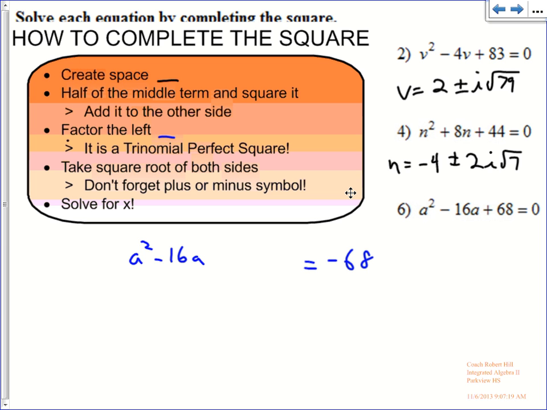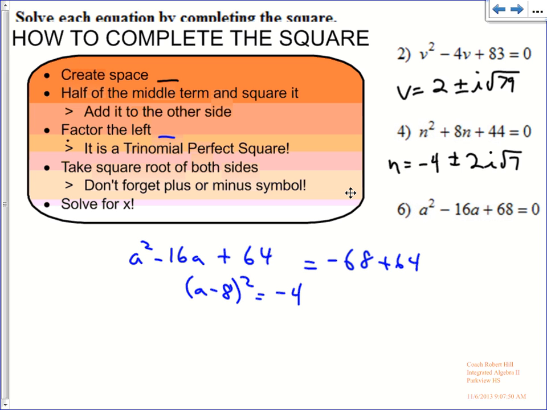Where's the middle number? Negative 16. So what does it say? Half of the middle term and square it. So right now in your head, you're thinking half of 16 squared. Add that 64 to both sides. a minus 8 squared equals negative 4.